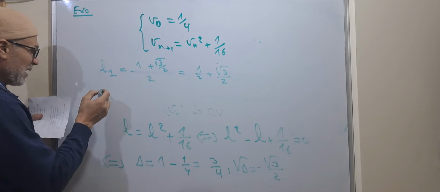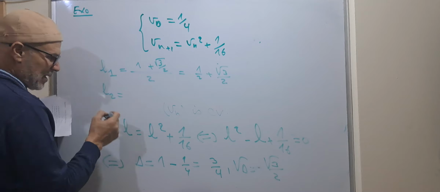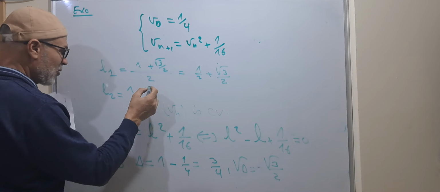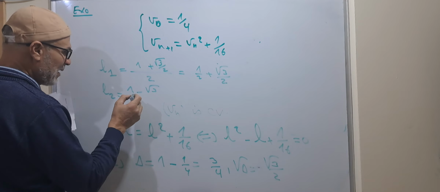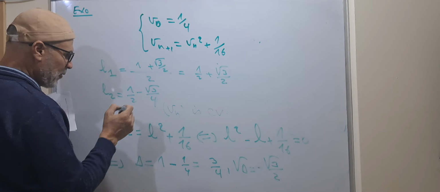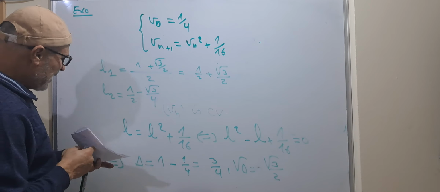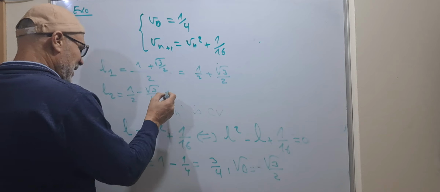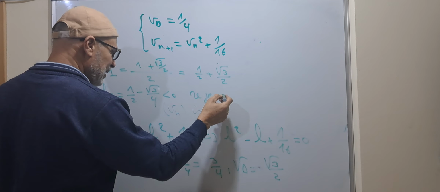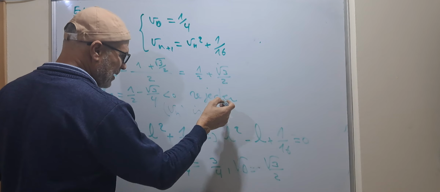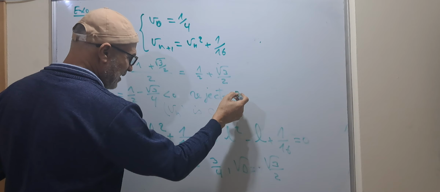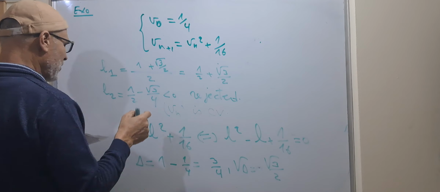And the second one is L2, which is equal to 1 minus the square root of 3 over 2, over 2. This is negative, so it is rejected. How about this one?